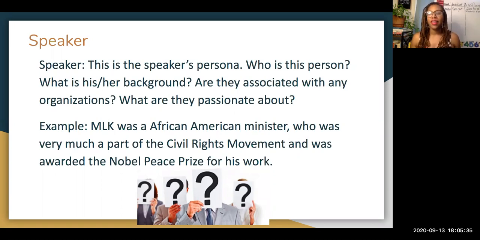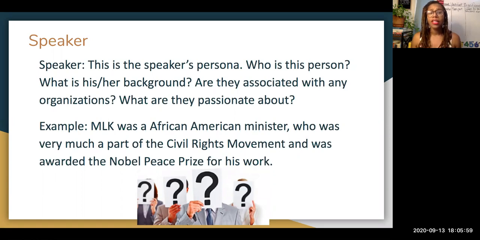Then that goes against the image that I have presented. So you really want to dig deep into what your speaker's persona is when you're looking at a piece of text, because if I can't trust my speaker, if I don't believe who they are, they're not going to be able to convince me or any other audience to do what it is that they want us to do or believe or what have you.